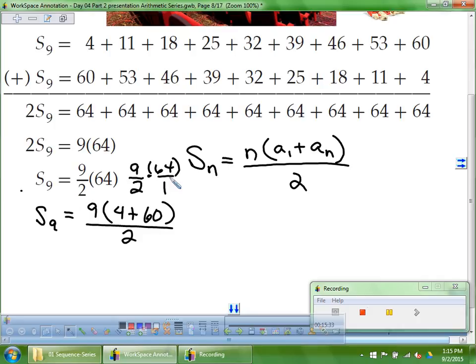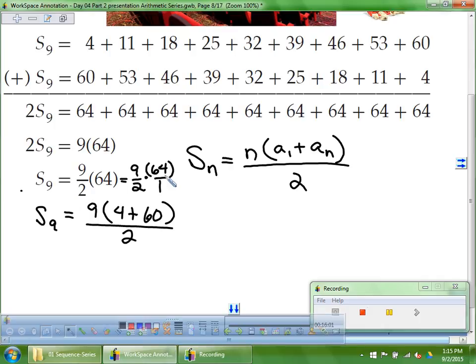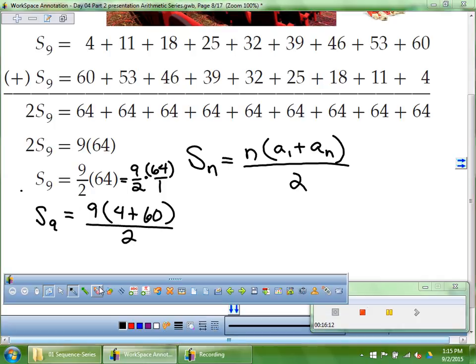Do you guys see that? 9 over 2 and 64 over 1 turns into 9 times 64 over 2. Basic fractions, multiply across. This is why this is easier. Now I'm going to teach you a couple things in here. This is remedial, right?